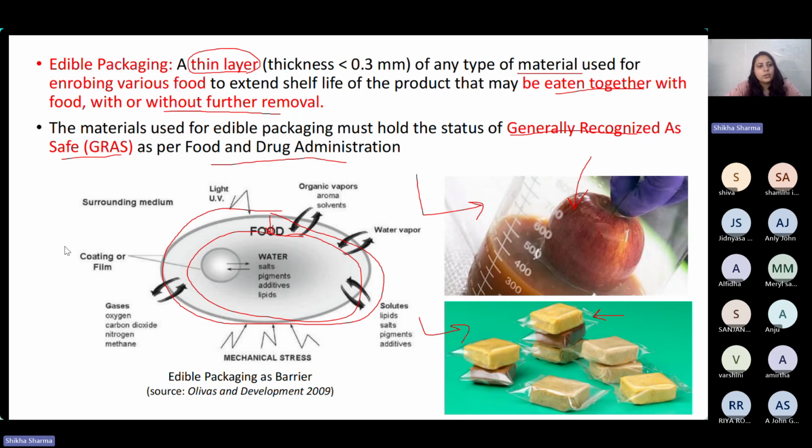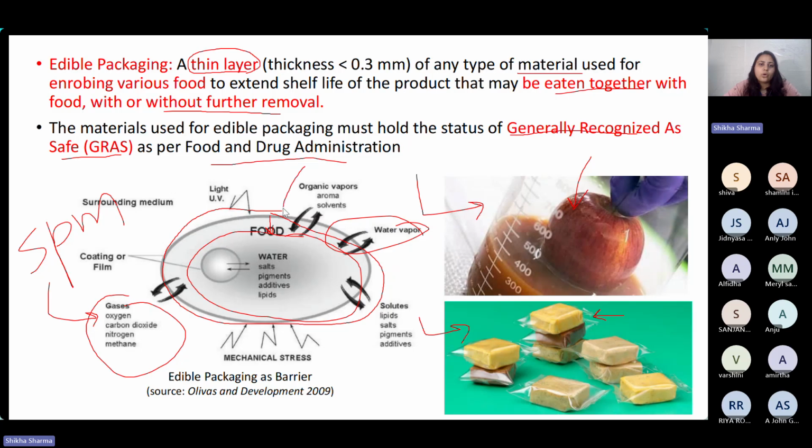Also, it will form a semi-permeable membrane over the food surface, which will control the diffusion or migration of gases and water vapor going into the food and coming out towards the environment. So through this property of controlled diffusion, it will enhance the shelf life.